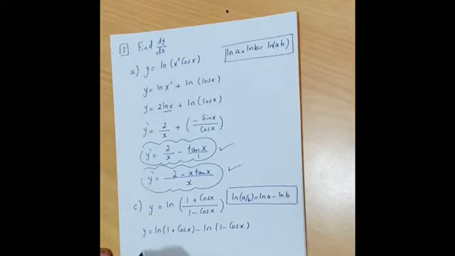So by differentiating each part individually, the derivative of 1 plus cosine x is negative sine x over 1 plus cosine x, minus the derivative of 1 minus cosine x, which is negative with the negative is positive sine x over 1 minus cosine x.